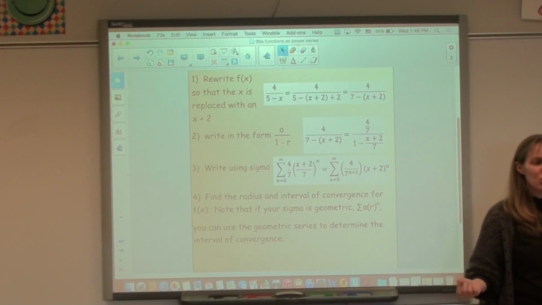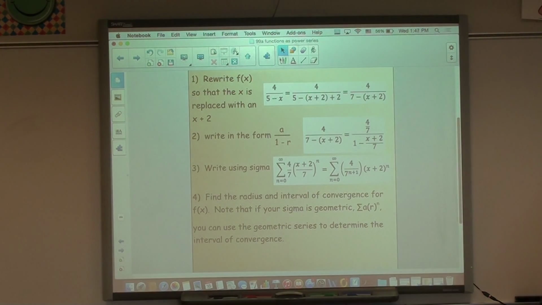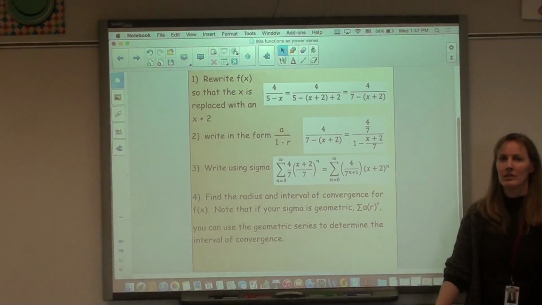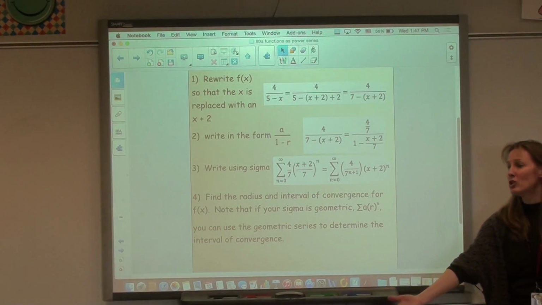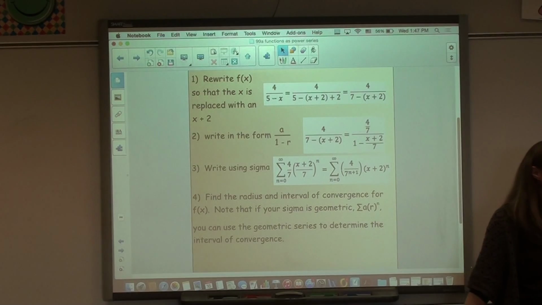So when I started doing these problems on my own, I just defaulted to the ratio test, like I always do for my radius and interval of convergence. And then I started noticing that every time I do these, I'm just getting absolute value of r less than 1. And then I thought, it's just geometric. Why am I not just doing geometric series tests for all of these when they are geometric series?